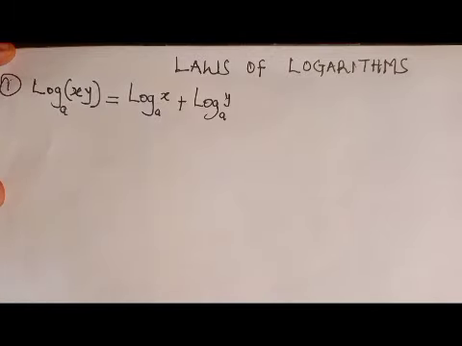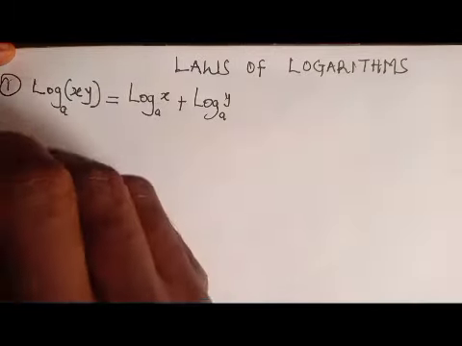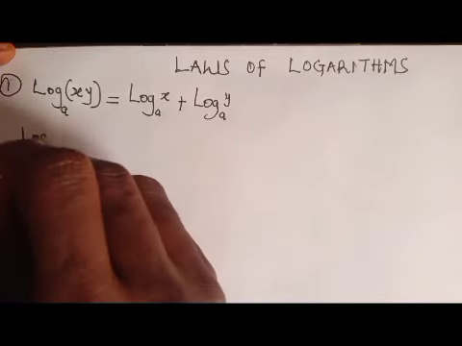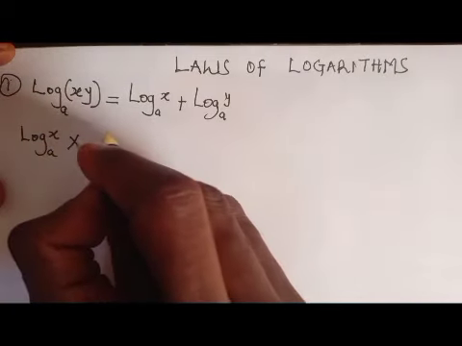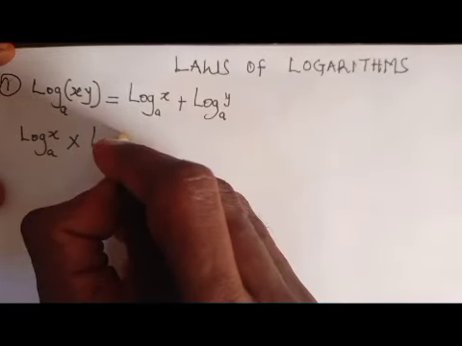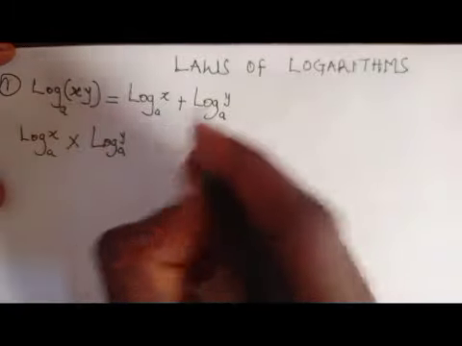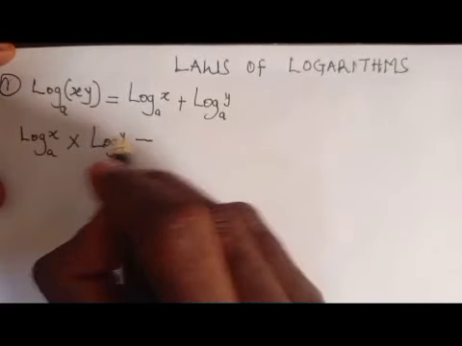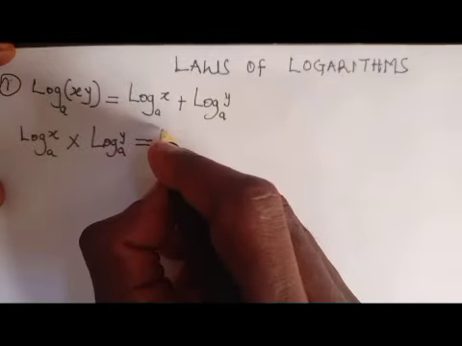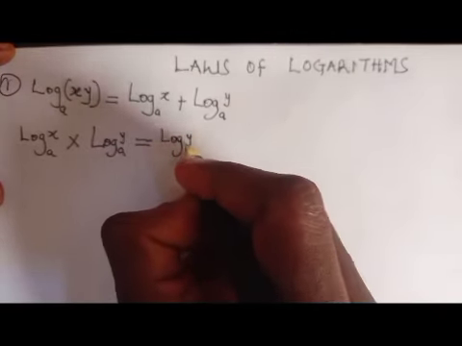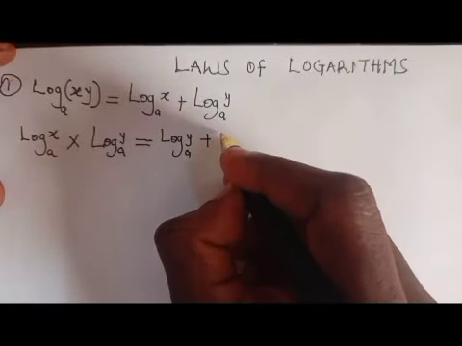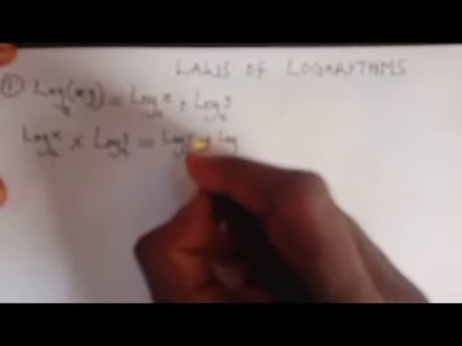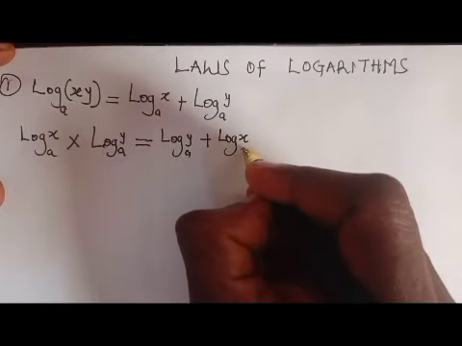And we also need you to understand that when you have something like this, log x in base a times log y in base a, I know some of us would say, yes, this is product, so it's simply going to give us log y in base a plus log x in base a.